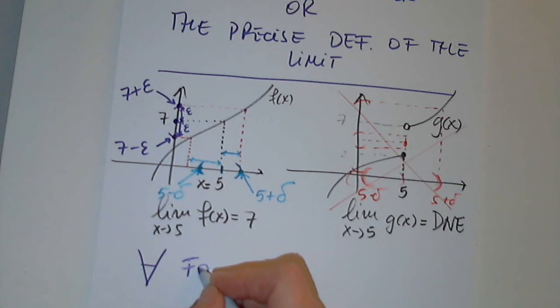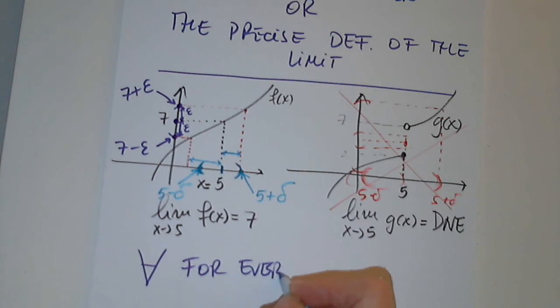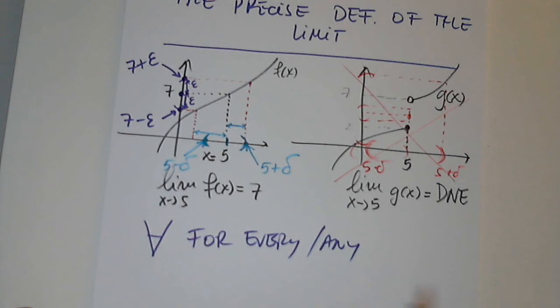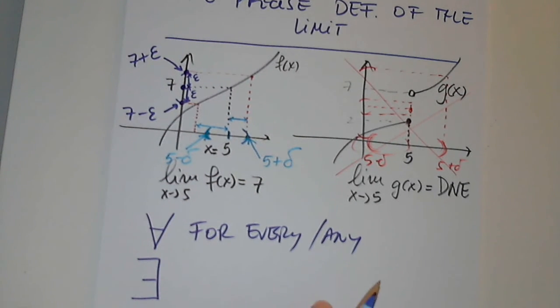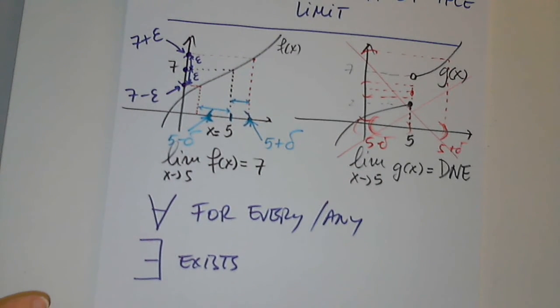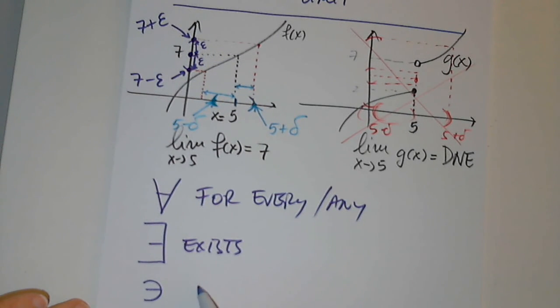It stands for every or any. For every or any. This symbol stands for exists. This one, such that.